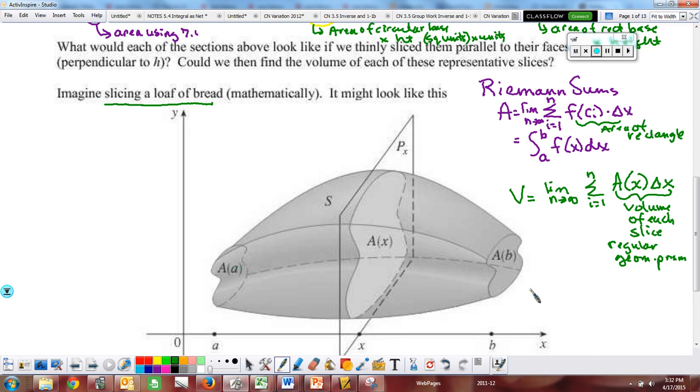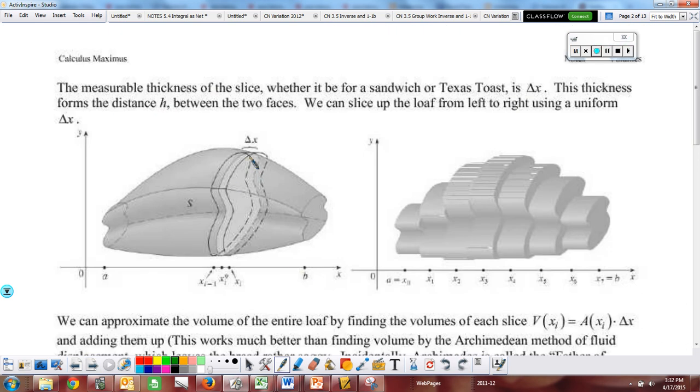All right, and taking a look at this idea, here is my picture where I am slicing, and when I slice, I get this irregular kind of shape, but this part right here, I'm just going to highlight so that we can look at this one representative slice of bread that we have.